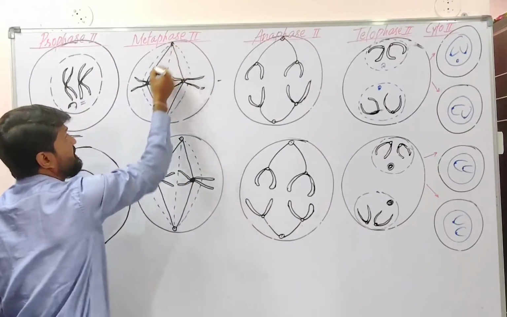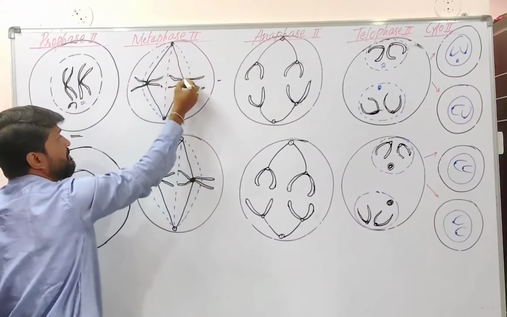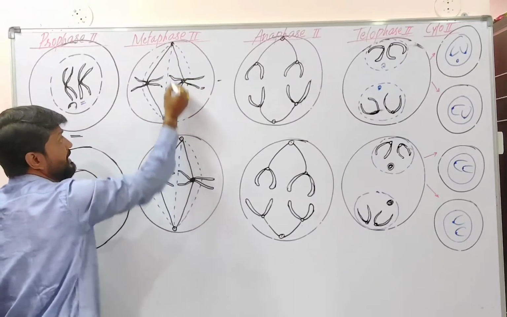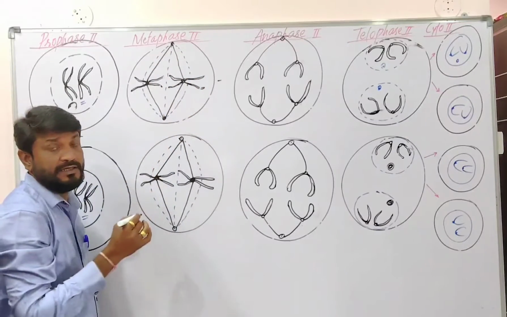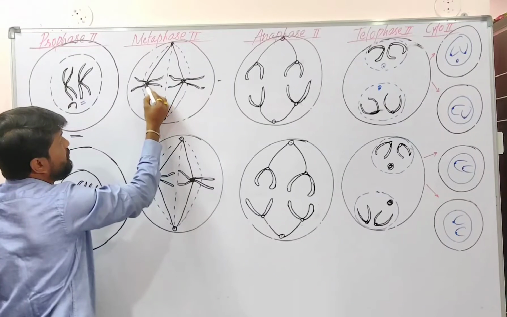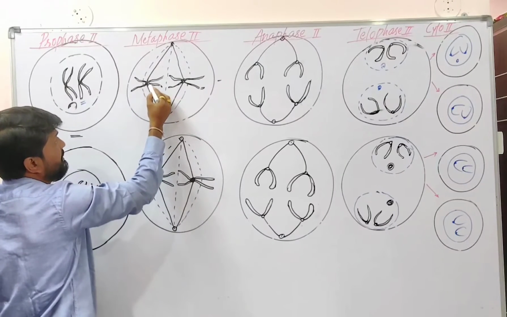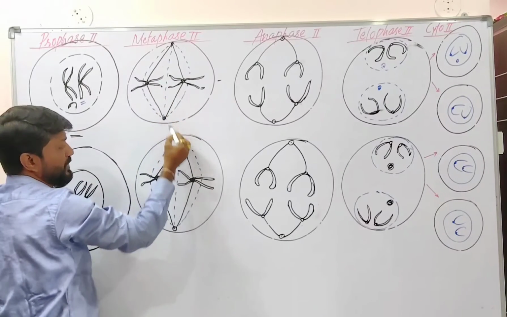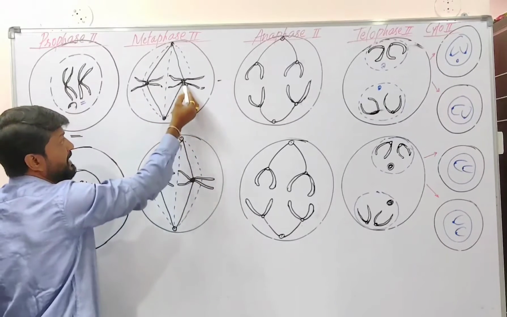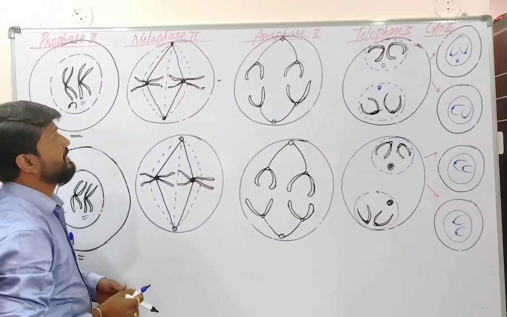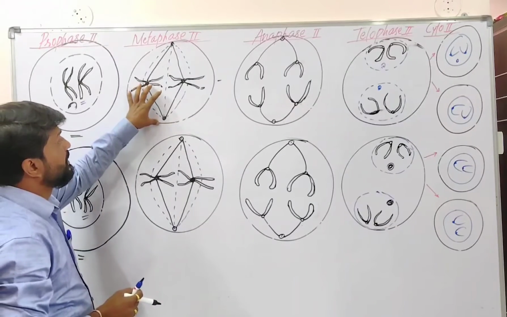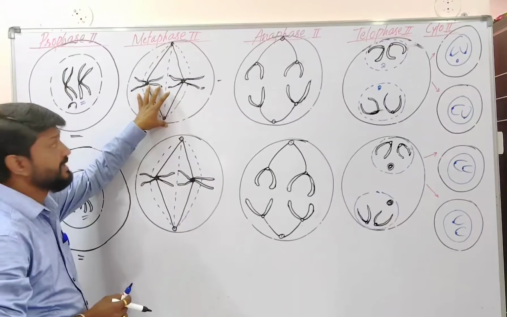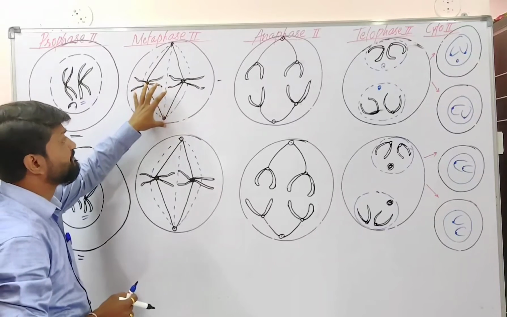There is formation of the spindle, the chromosomal fibers, and the interzonal fibers. The chromosomes are attached, pole to centromere and centromere to pole. In this way there will be attachment, with an arrangement like metaphase.